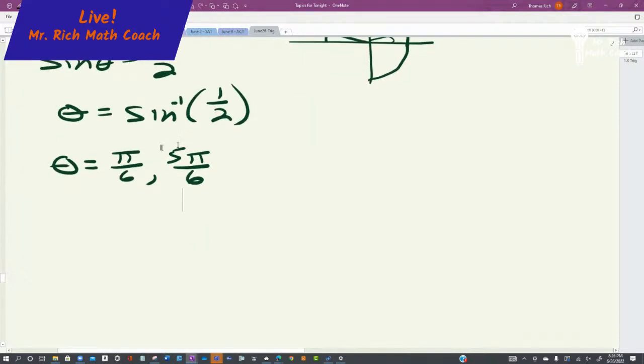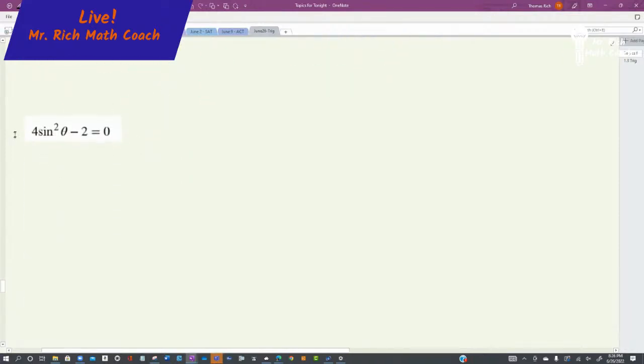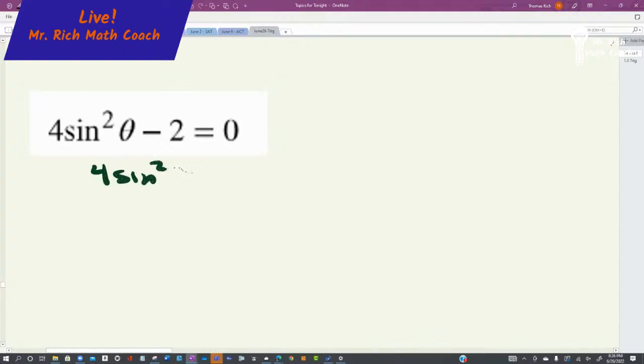All right, let's keep going here. Let's try another one. Solving this for theta. So I'm going to isolate my sine squared first. I'm going to add 2 to both sides. I'm going to divide by 4 and reduce.